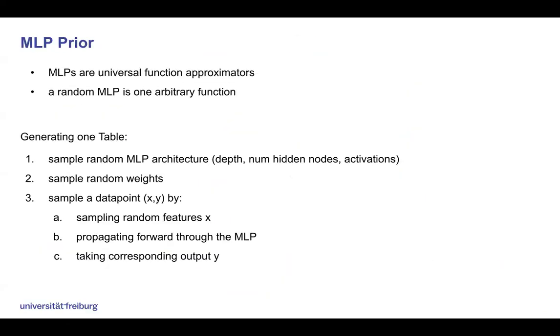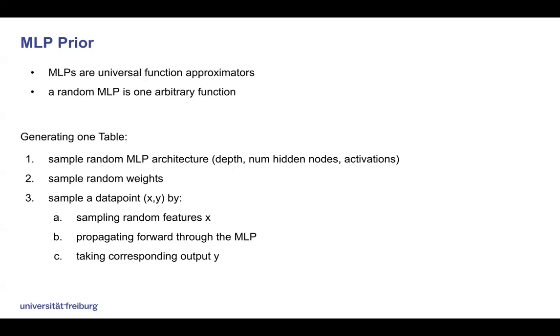Now, another prior, which might be a bit simpler to explain on a high level, is the MLP prior. You probably heard before that MLPs are universal function approximators. And so you can think that if you take a random MLP with random weights, this essentially describes one arbitrary function mapping the input features x to the label y.